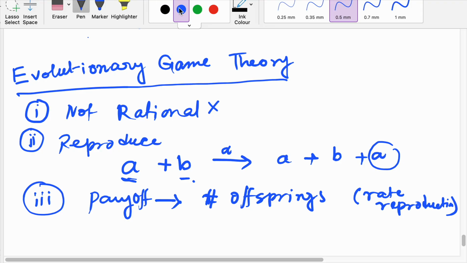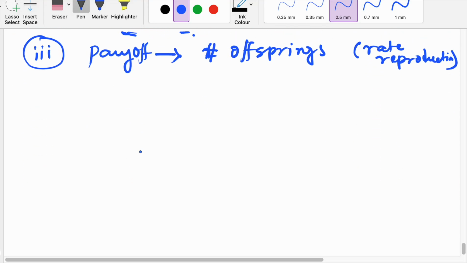Now let me give you an example where you can see how frequency dependent fitness makes sense. So suppose there are two phenotypes, A and B. Here phenotypes are nothing but two types.